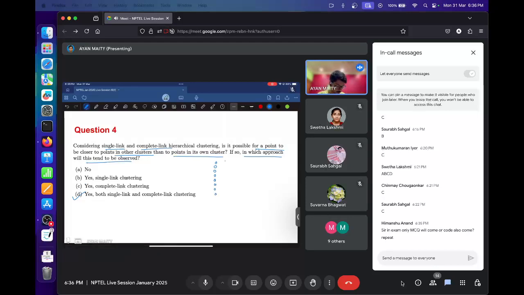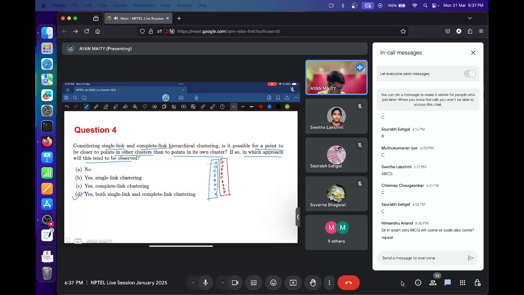This is one chain, this is another chain. Single link clustering would find two different clusters: this would be one cluster, and this would be another cluster.